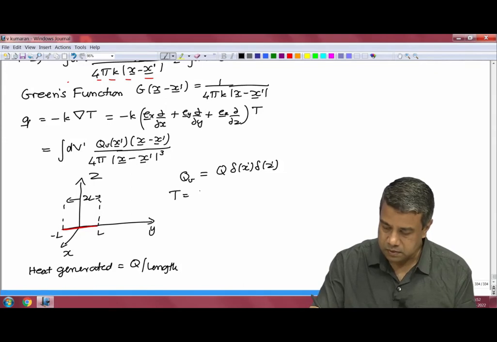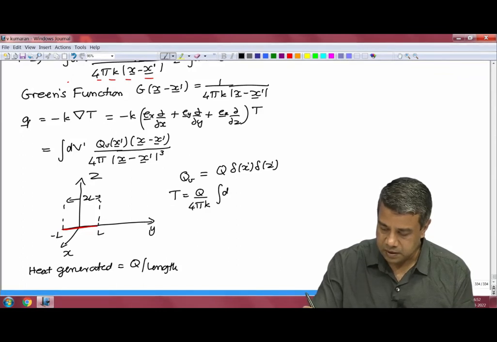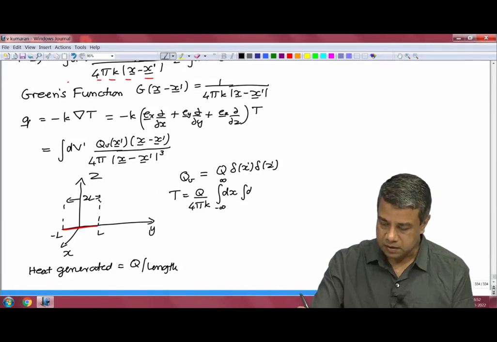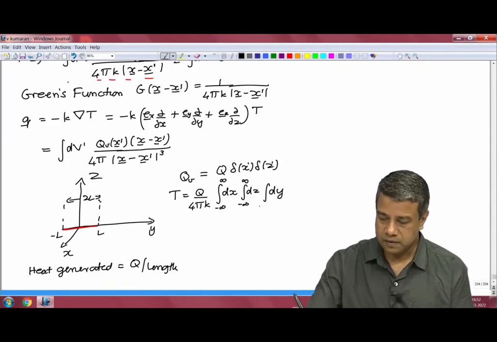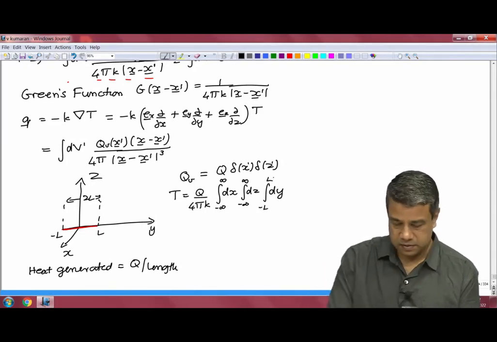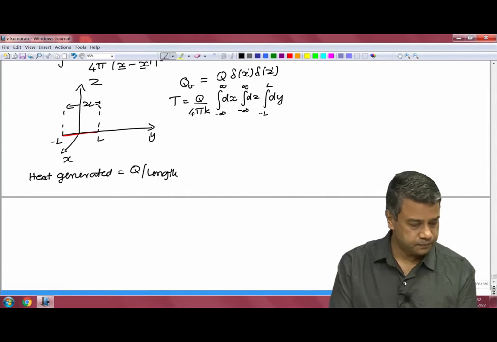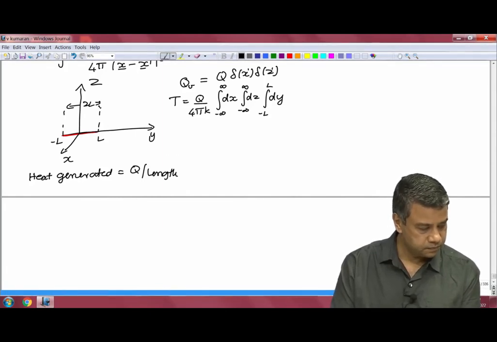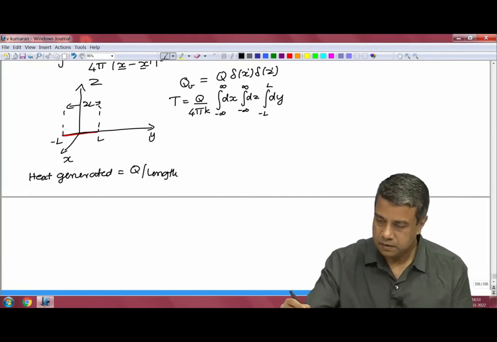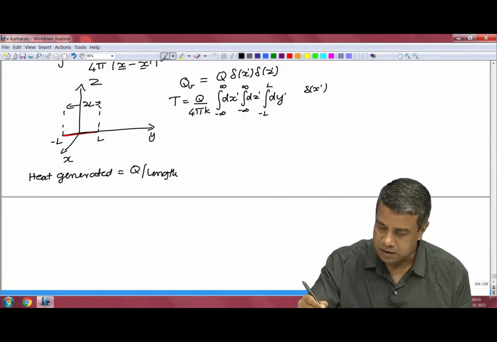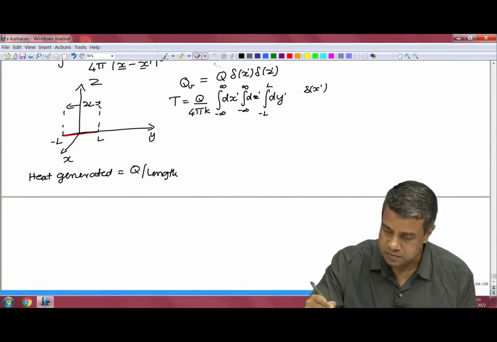So, T is equal to Q by 4 pi k integral over the volume, dx from minus infinity to infinity, integral dz from minus infinity to infinity. The y coordinate on the source goes only from minus L to plus L. Of delta of x prime. Note that these are all integrals with respect to the source point, and source point has primes in it.